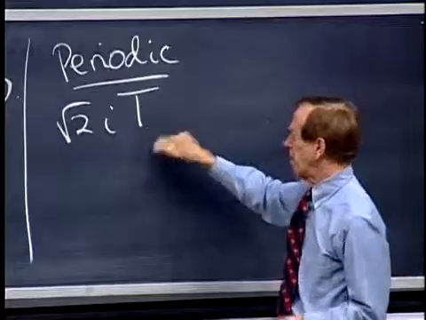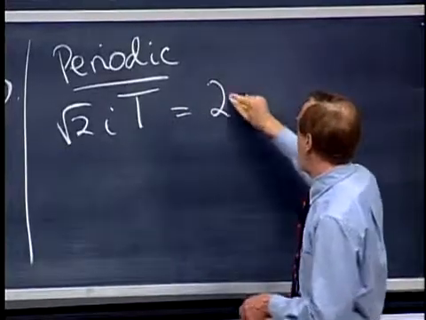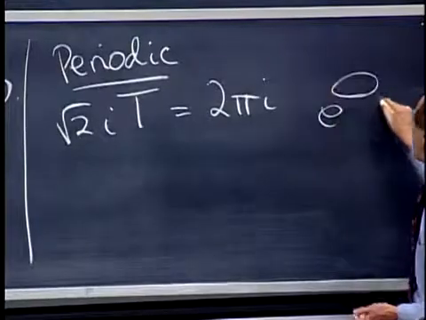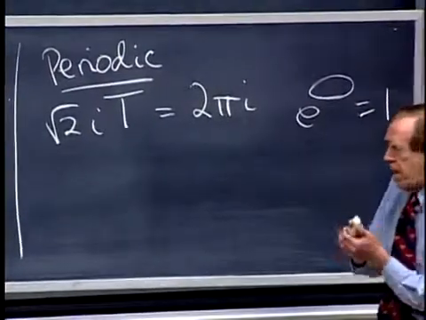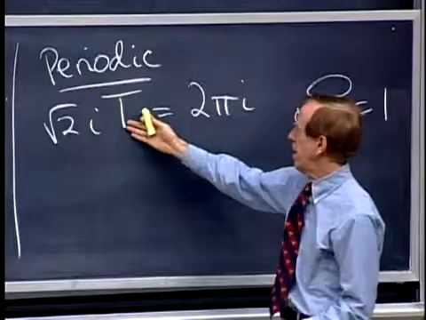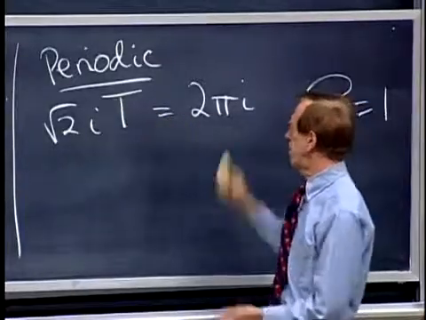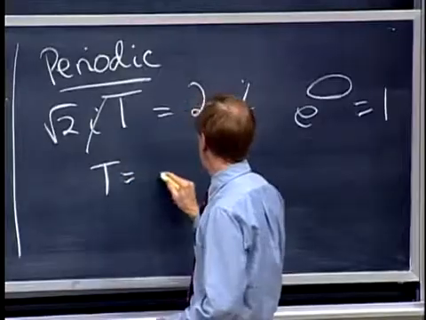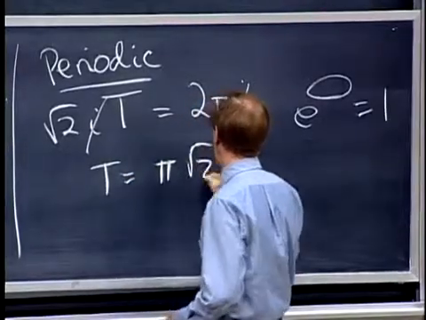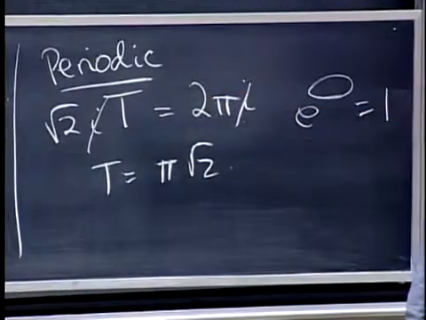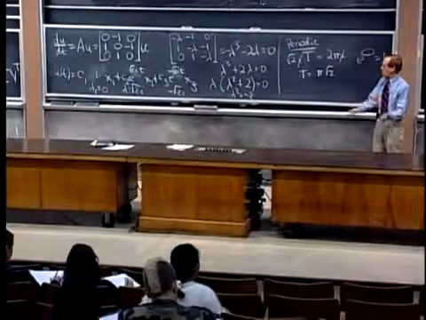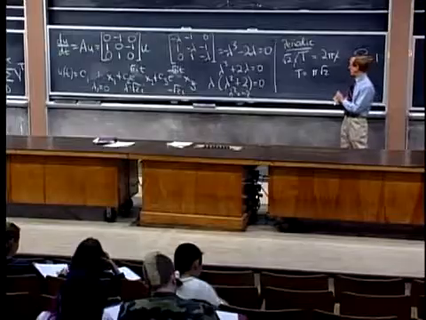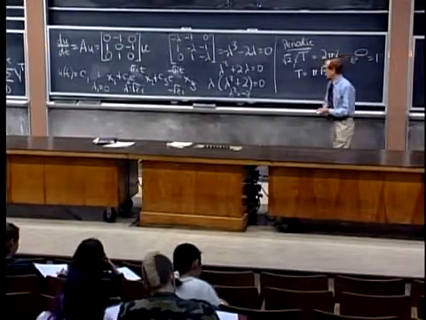For that particular T, if that equals 2 pi i, then e to this thing is 1, and we've come around again. So the period T is determined here. Cancel the i's, and T is pi times the square root of 2. So that's pretty neat. We get all the information about all solutions. We haven't fixed on only one particular solution, but it comes around again.